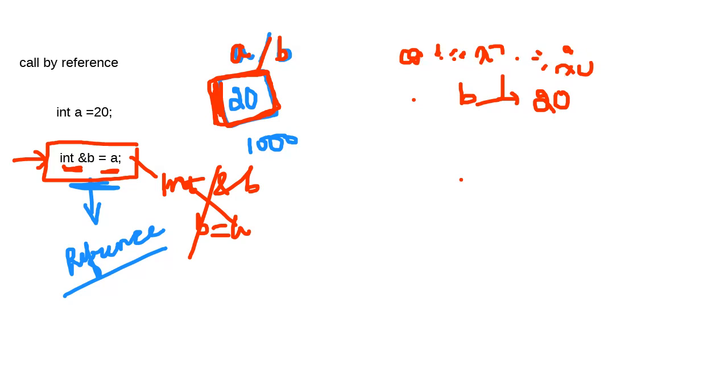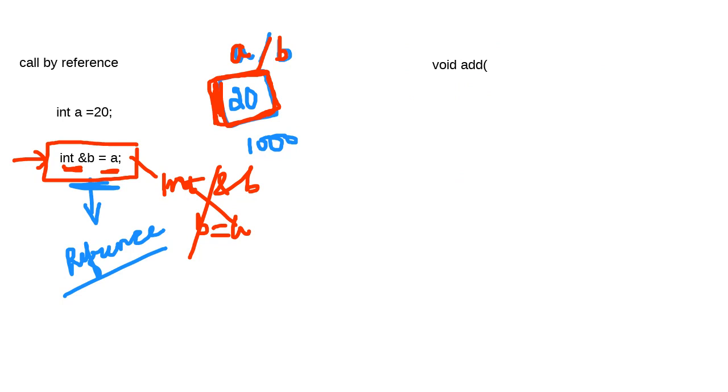Call by reference, we need to implement the call by reference now, right? So what changes will I make? Again, void add, and now I'll tell you how to write the prototype. Again, there is int main. In the main, I have created again two variables, a comma b, c in a and b.